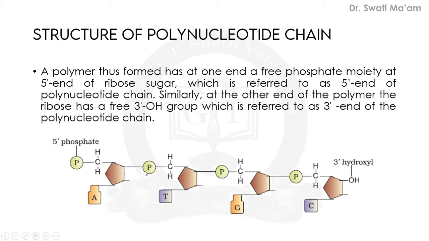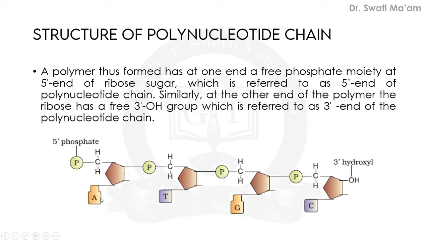In this way, n number of nucleotides are joined with one another by a phosphodiester bond. This is a link between this nucleotide and this one. Here this is the 5' end having a phosphate group, and this is the 3' end having a hydroxyl group. When another nucleotide joins, a phosphodiester bond will be formed here.